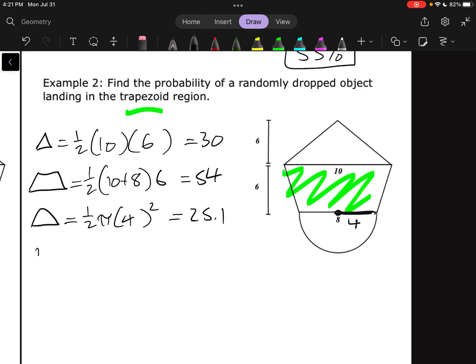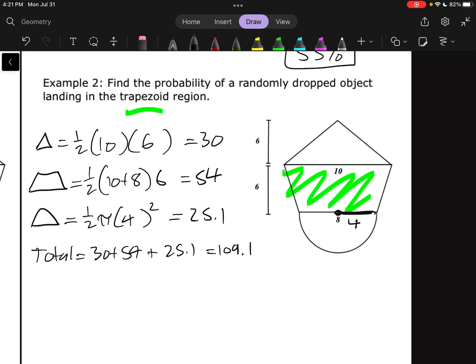So now the total should be all of those. So 30 plus 54 plus 25.1. Let me add all that up.